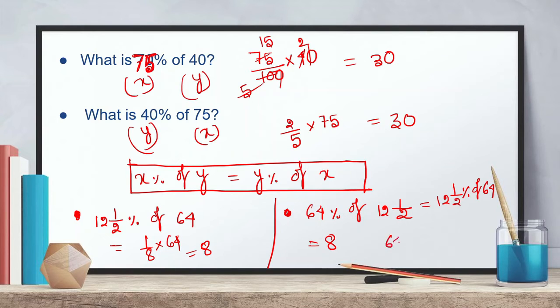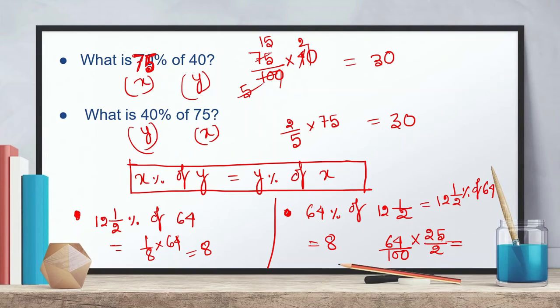You have to do the calculation this way: 64 percentage of, let's multiply 25 by 2. But if you remember this point, x percentage of y is equal to y percentage of x, then it's very easy. You can do it in a second. You just have to remember 12 whole 1 by 2 percentage equal to 1 by 8.